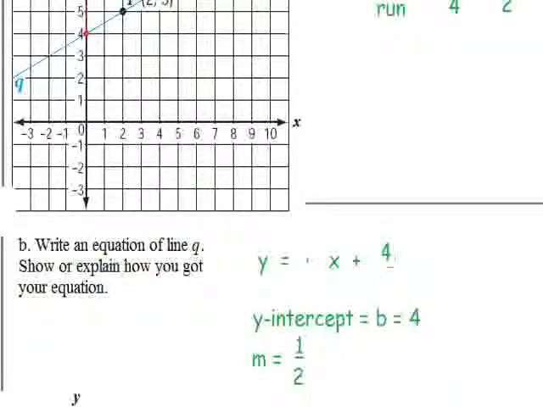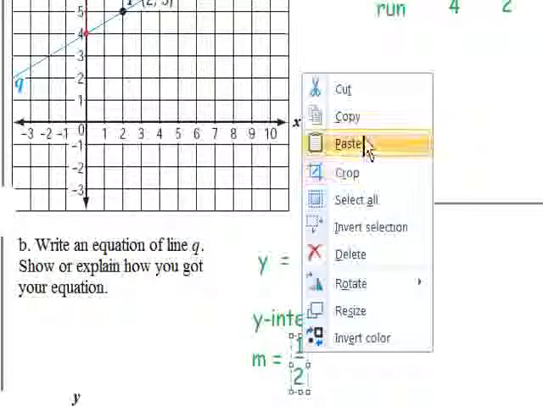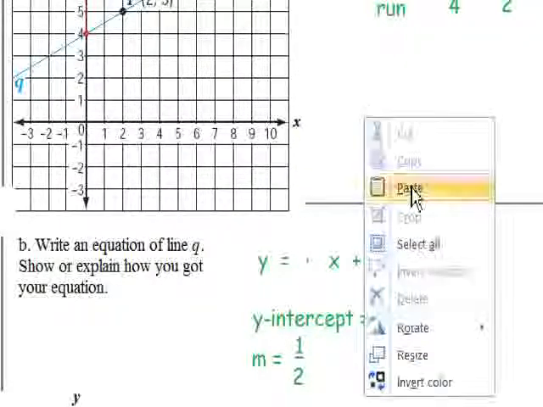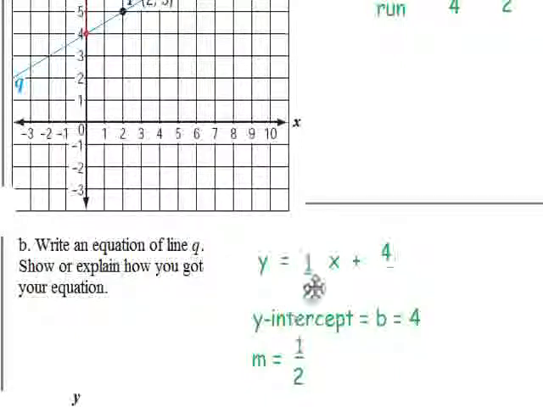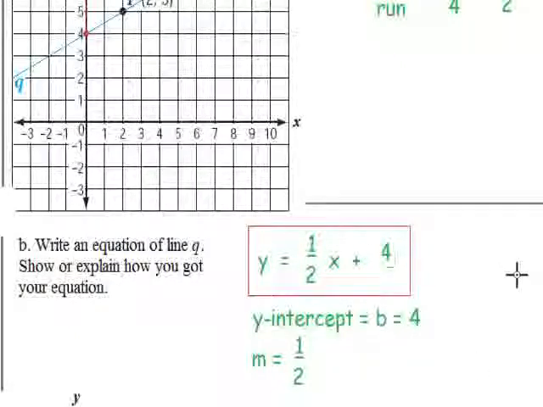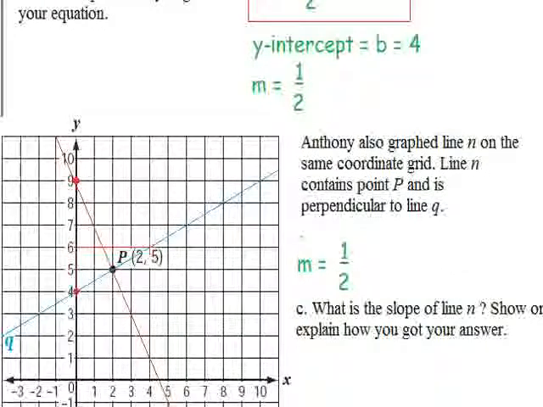Put that 4 where the b is, and put the 1 over 2 right where the m used to be, and that's going to be your equation of line Q. Let me just box that in to let you know that that's the answer right there. Alright, next question.